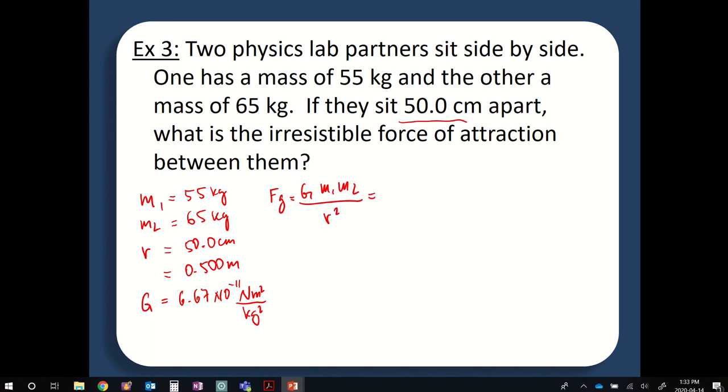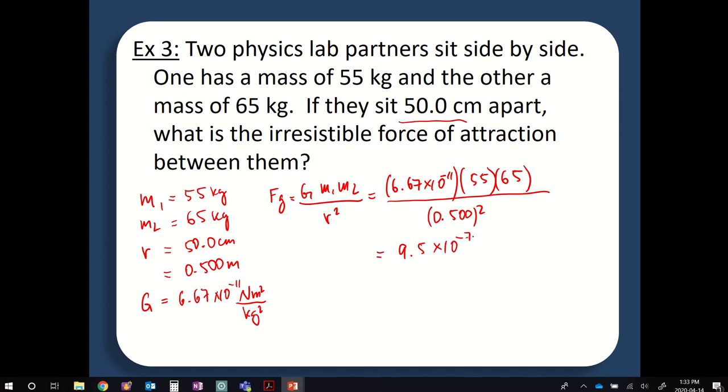Okay, let's plug in the numbers. So we get 6.67 times 55 times 65 divided by 0.500 squared. Now this equals 9.5 times 10 to negative 7 newtons.